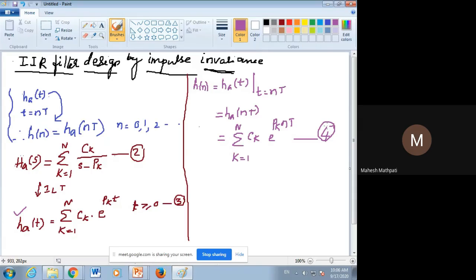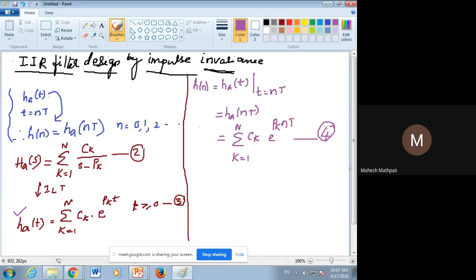Now the system function of the IIR filter can be obtained by taking the Z transform of h of n.